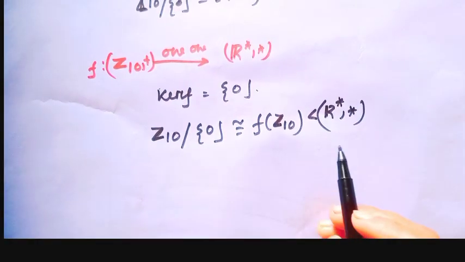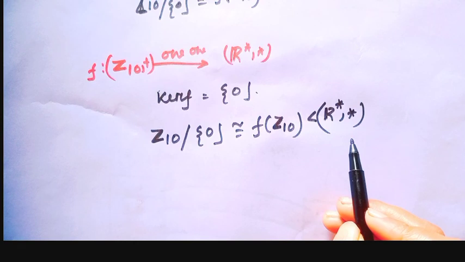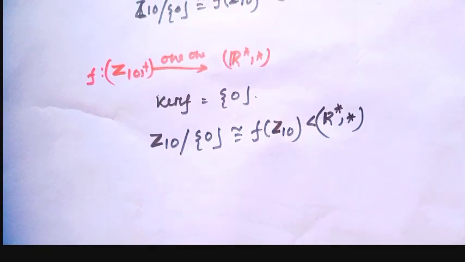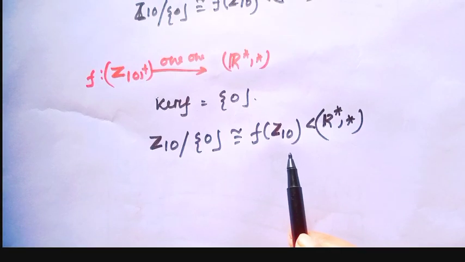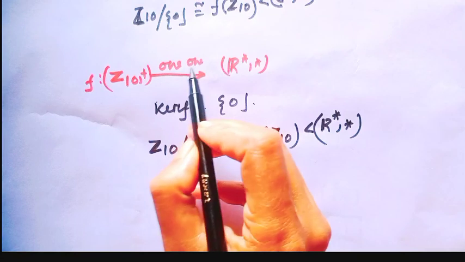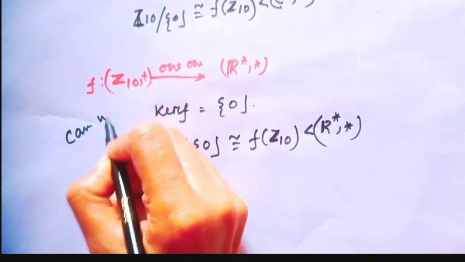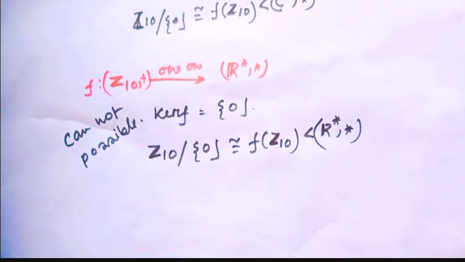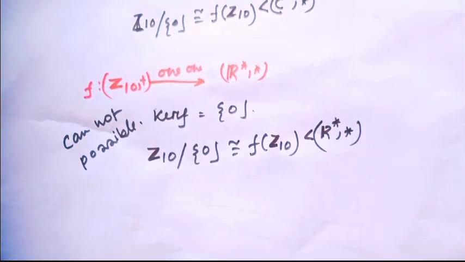But in R star, there exists no cyclic group of order 10. So this one-one homomorphism cannot be possible. Are you getting this? This is very important for any competitive exam.